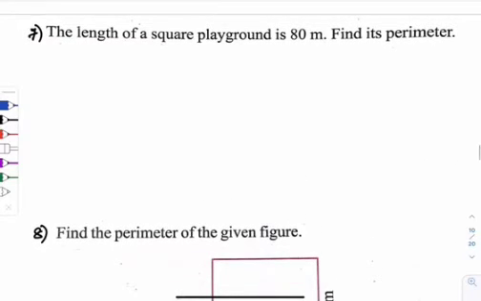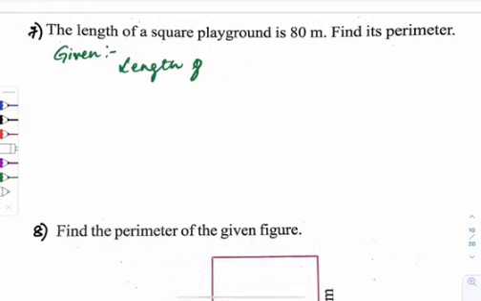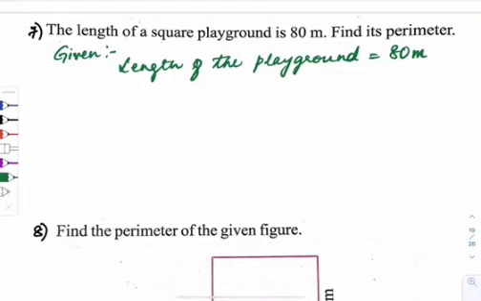So we don't have to list out as step 1 and step 2. What is given? We will write it first. So given is the length of the playground, which is equal to 80 meters. Then we need to find the perimeter of this square playground.